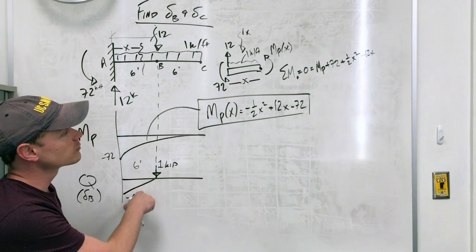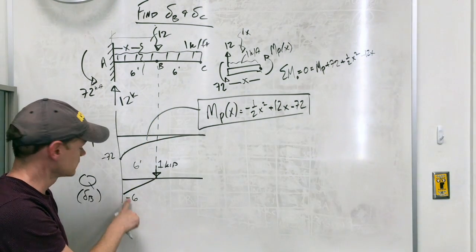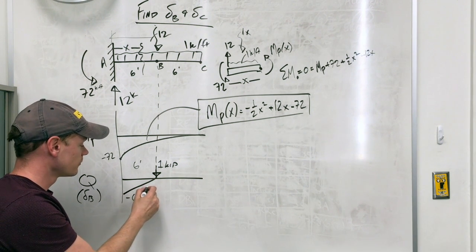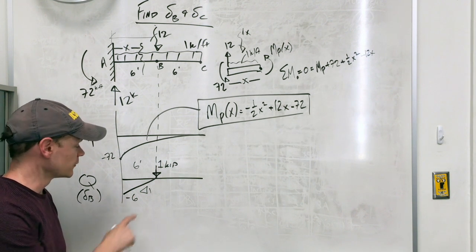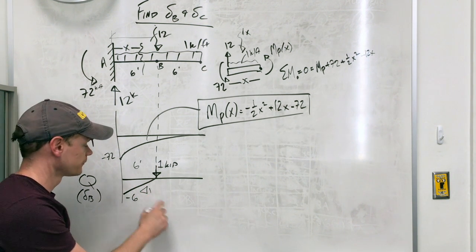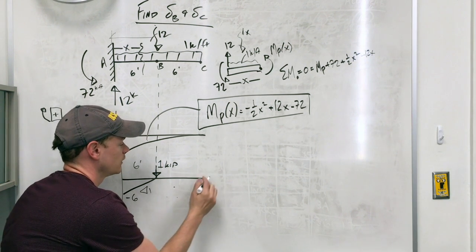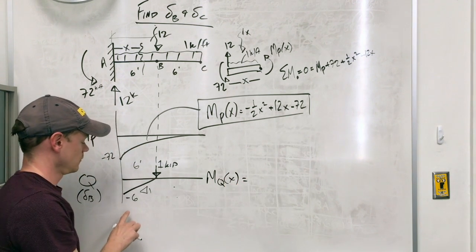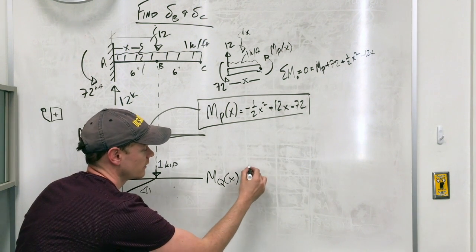Now, you can make a cut the same way we did up here, but this is a very simple equation. It's just a line. Here's the y-intercept, and then I already know the slope is 1, right? From the shear diagram, I can find the slope. So, here, I'll write it over here. MQ is, y-intercept is minus 6, slope is 1, so it's mx plus b, right?